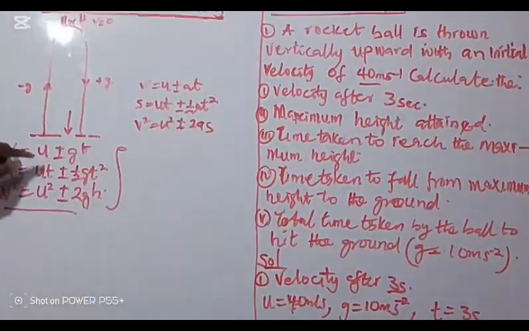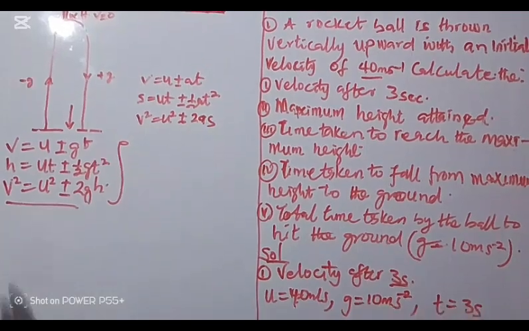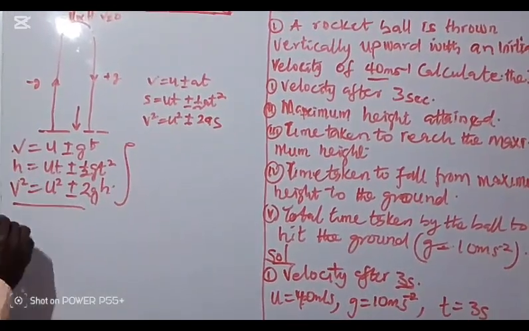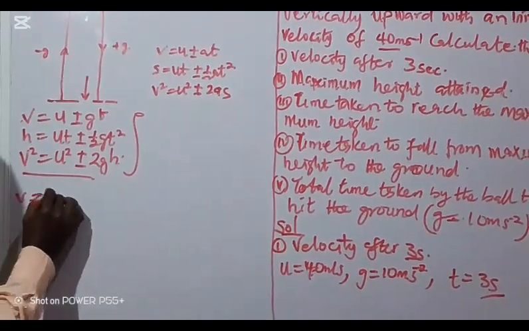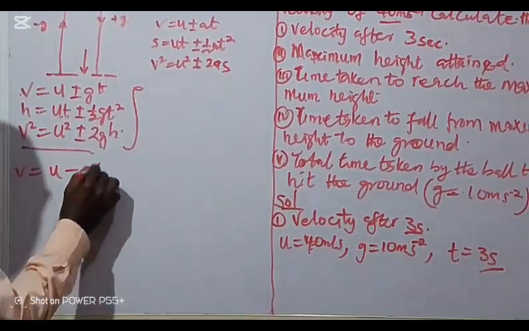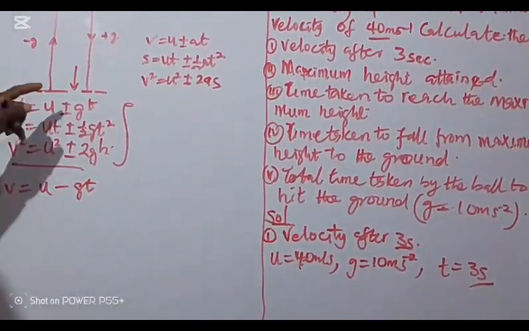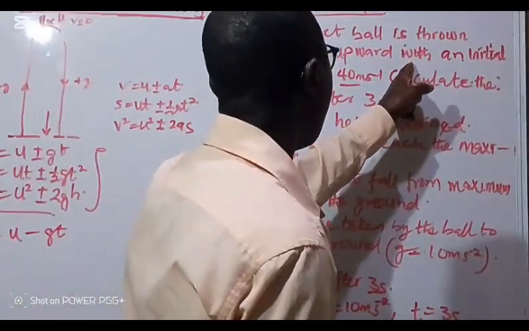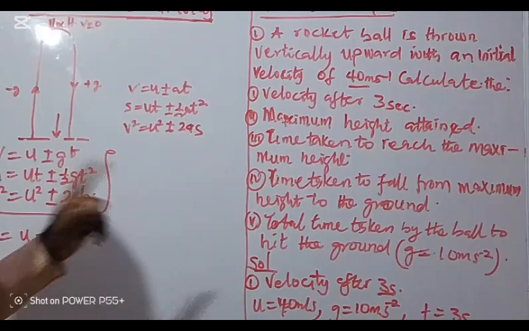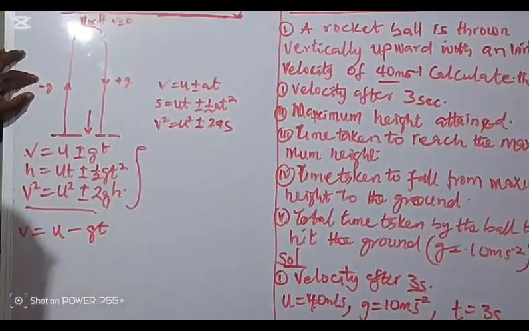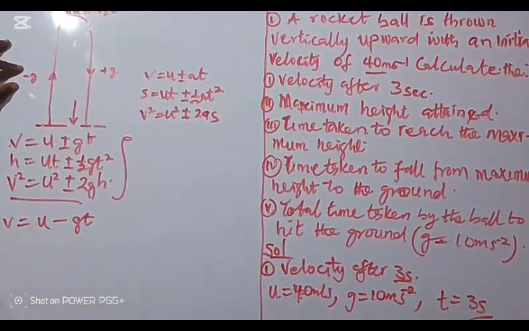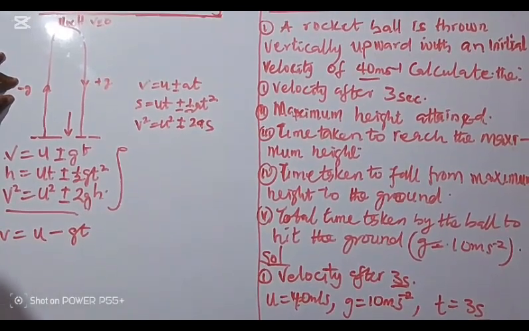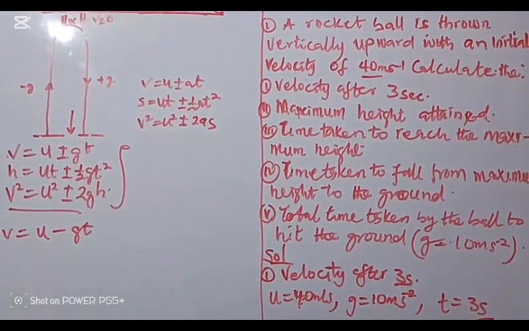So we are going to apply equation 1. We say that V is equal to U minus gt. And why is it minus? Because the question says the ball is thrown vertically upward, and I told you, when it's thrown vertically upward, acceleration due to gravity g takes a negative value. That is why we have minus g.